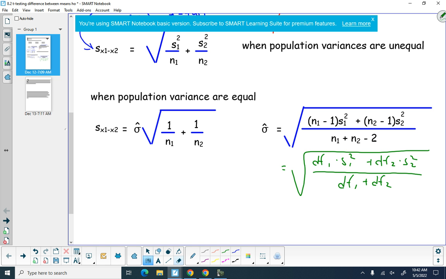They are the same, because I calculate my degree of freedom as N1 minus 1 and N2 minus 1. Well, N1 minus 1 plus N2 minus 1 goes to N1 plus N2 minus 2. This gives us this sigma hat that we have to multiply by the square root of 1 over N1 plus 1 over N2.